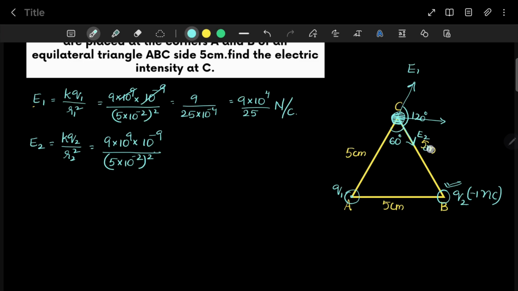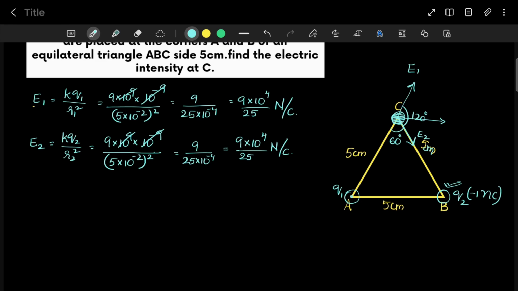Sorry, 5 meter I wrote there. It is actually 5 centimeter. 10 power 9 and 10 power minus 9 cancel, which will be equal to 9 by 25 into 10 power minus 4. If you rearrange that, you will be getting it as 9 into 10 power 4 divided by 25 Newton per Coulomb. Now we got E1 as well as E2.